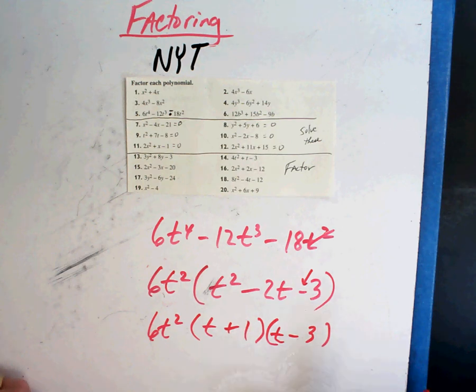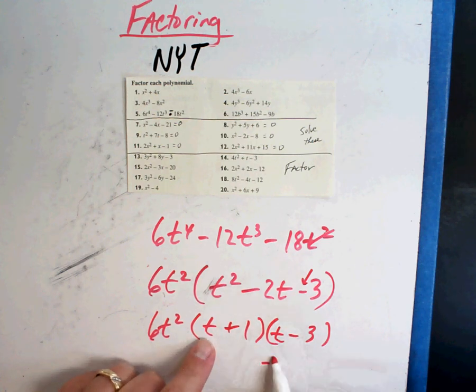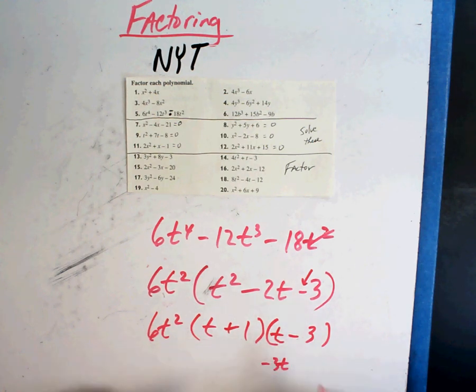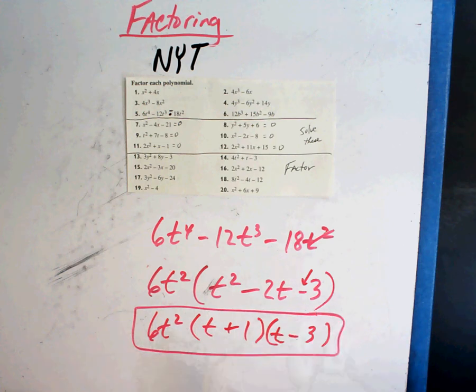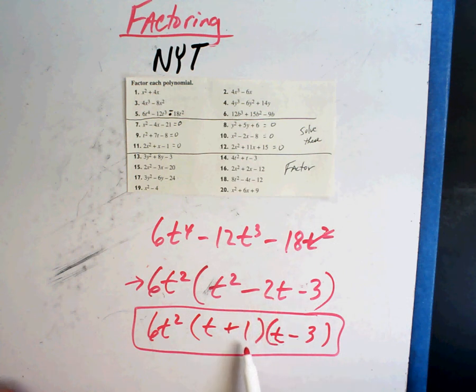Check my work. Process of elimination. I maybe put them in the wrong place, but there's my t squared. That's minus 3t, plus 1t is minus 2t. I got it right. That's factored all the way down. If you stopped here, there was still one more step. You could still factor what was left. And so make sure you factor all the way down.